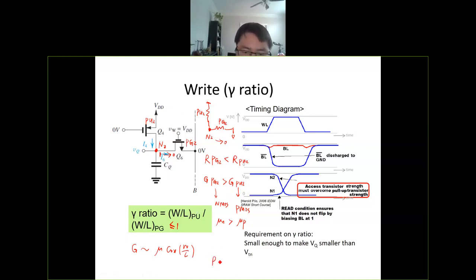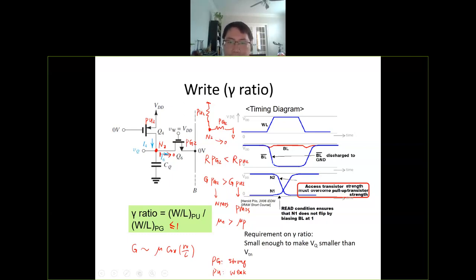Here we want the pass gate to be strong and the pull up to be weak. Even with the same W over L, NMOS will naturally be stronger because mobility is higher. So you can satisfy this condition.